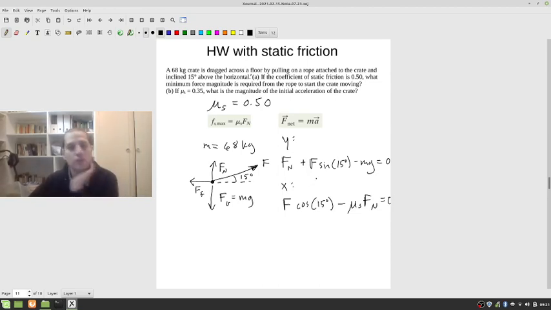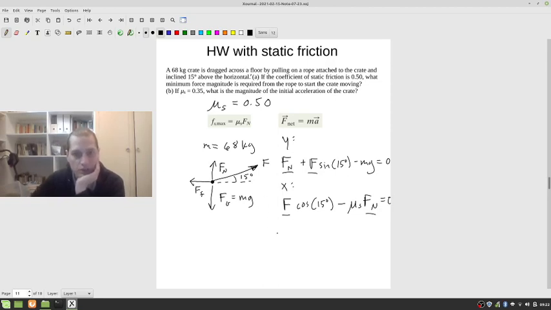Okay, well, now it looks to me like I have two equations, two unknowns. I don't know my F. I don't know my Fn. And so I can just do algebra and solve for what it's asking, which is the magnitude of the force required from the rope to start the crate moving.